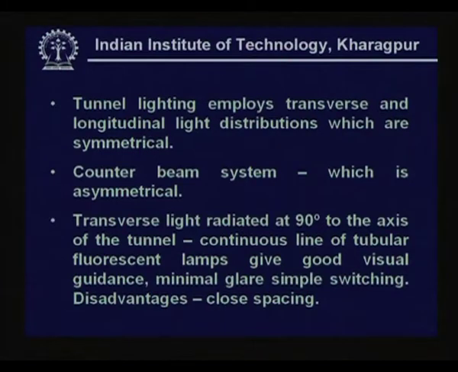So, you have a continuous line of fluorescent lamps, and they are spaced close by, and if proper diffusing luminaire is used, they do produce minimal glare and ease of control by way of simple switching. This is the first scheme, transverse light.